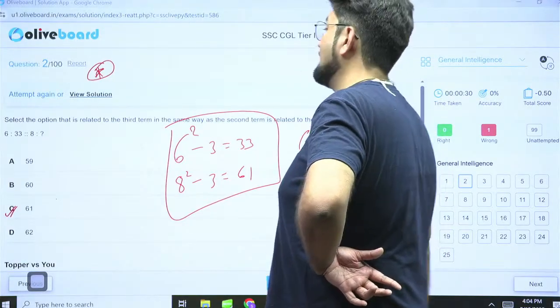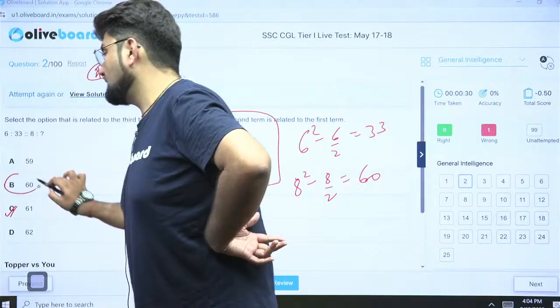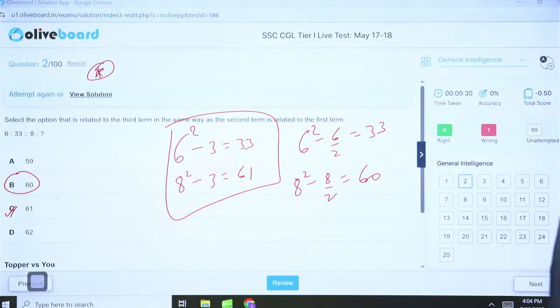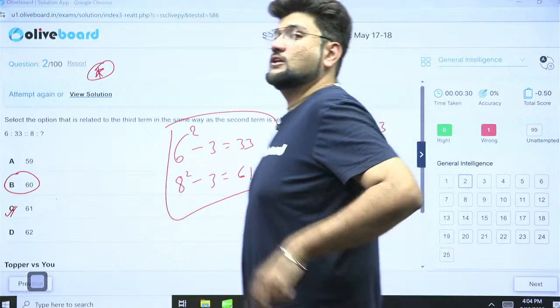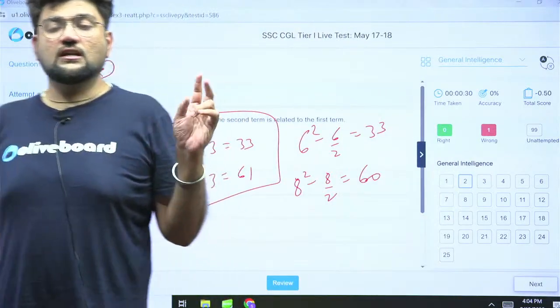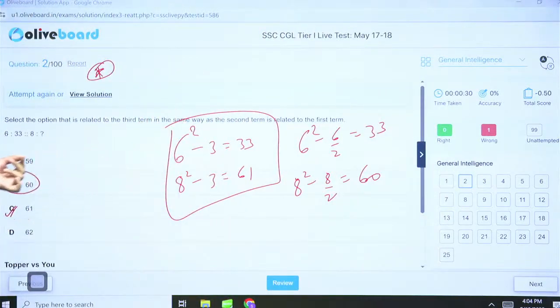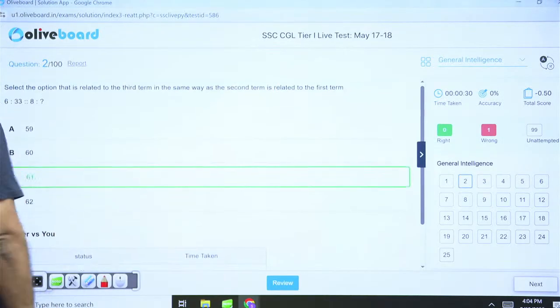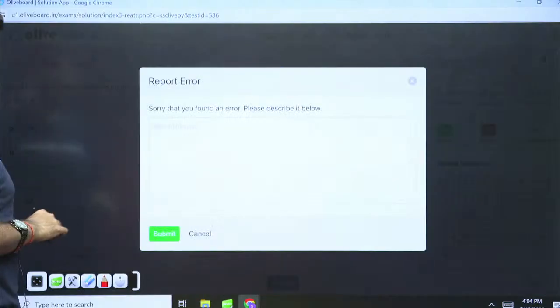This will be 60. And unfortunately that is also there in the options. This is never possible. Never possible that two meaningful and logical patterns will generate two different unique answers which are given in your options. This makes this question absolutely incorrect. So the correct answer is marked to be option C, that is 61. But I would rather report this. Let me report it here only.